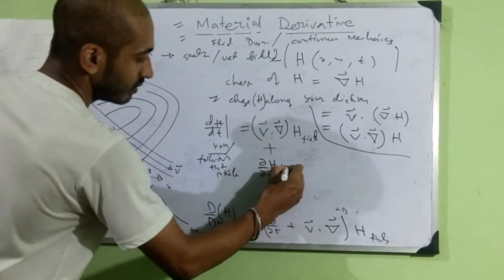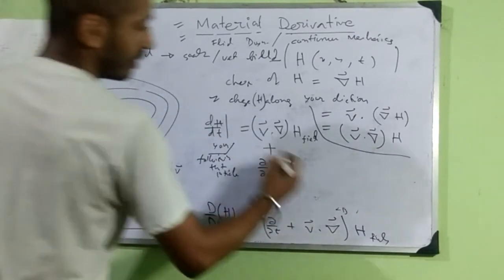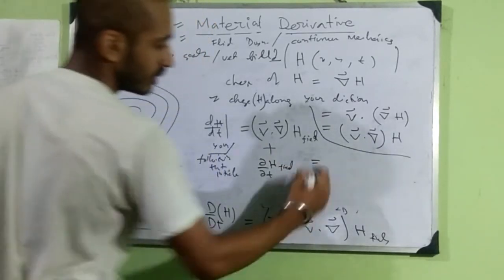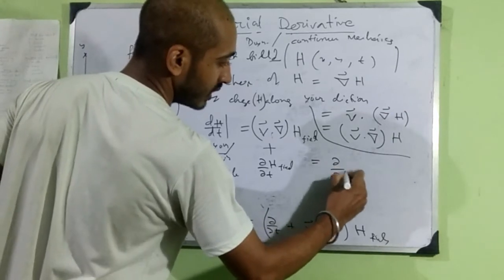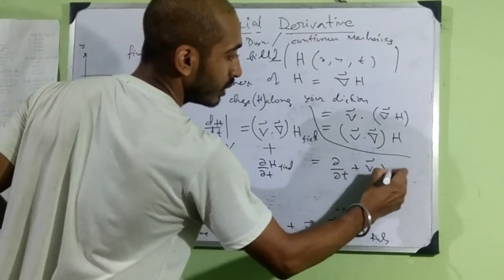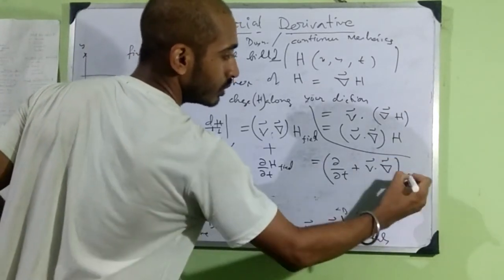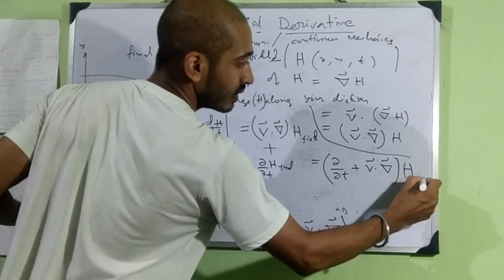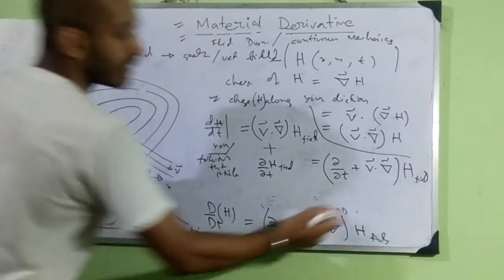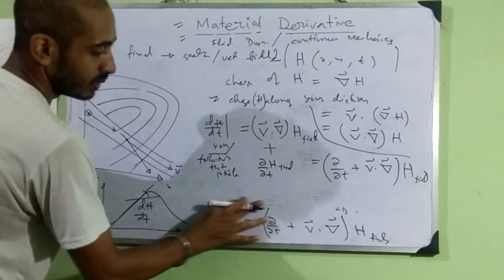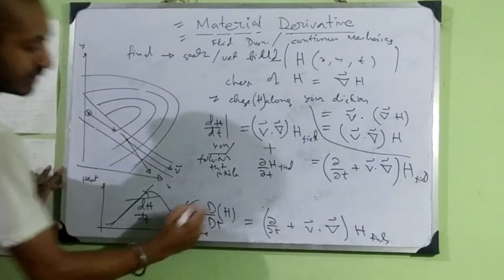Here h is a field. If you extract h, then you will get del/del t plus v dotted with grad, which operates on the h field, and this gives the same result as we previously defined as D/Dt.